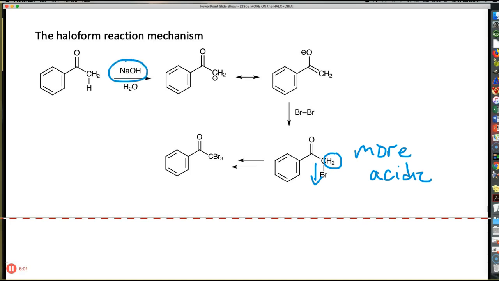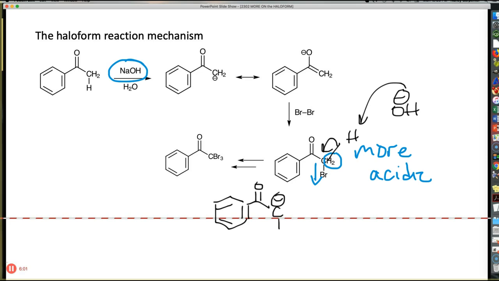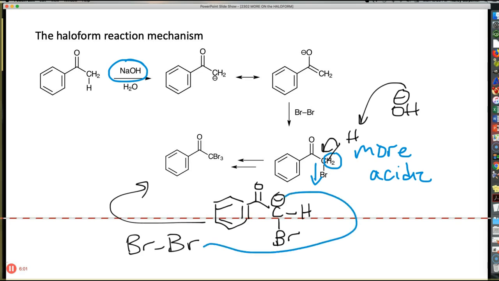And given that I have a base present, it's pretty easy for that subsequent deprotonation to take place to make another enolate, this one even more stable, and of course that can react with bromine or iodine again, and then I've got two bromines on that alpha carbon.